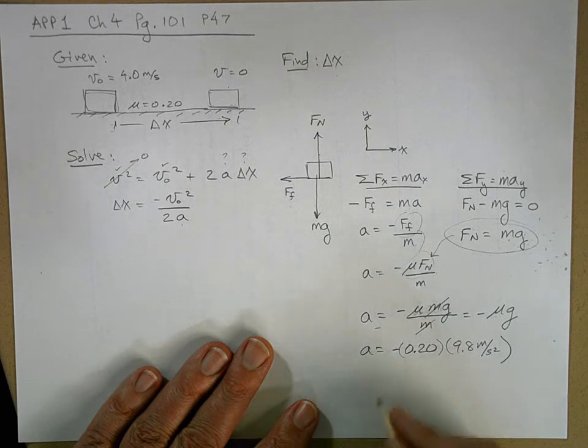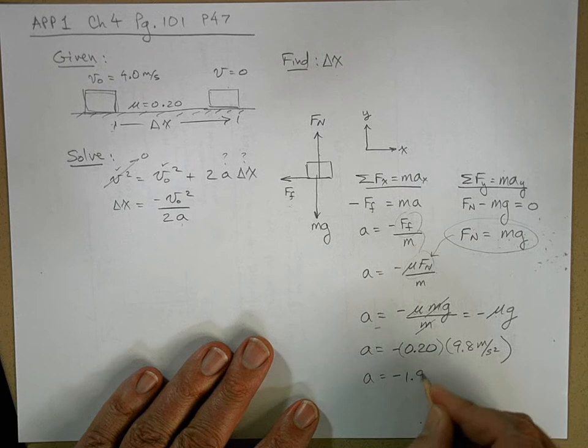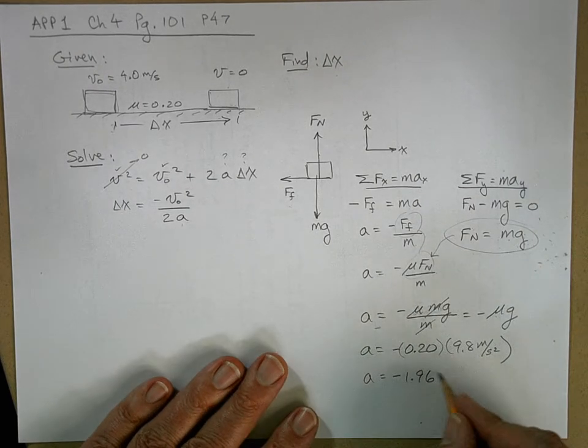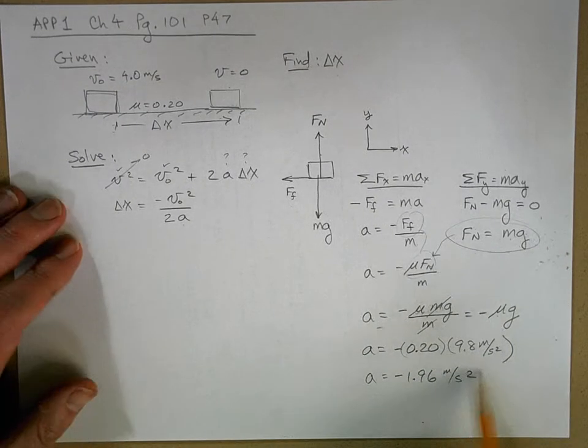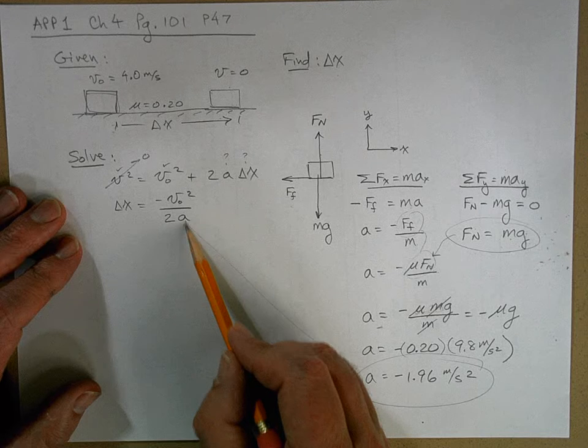So the acceleration is negative 1.96 meters per second squared. Now I can take that and plug it in here.